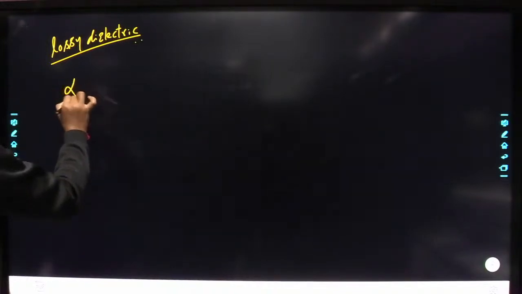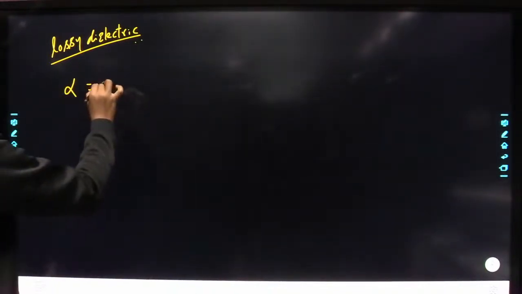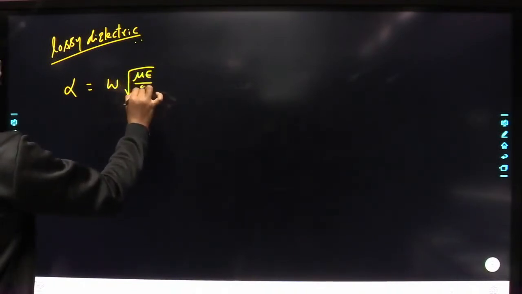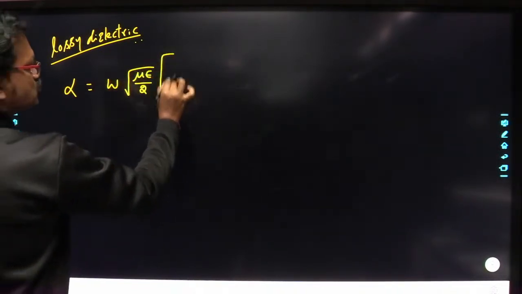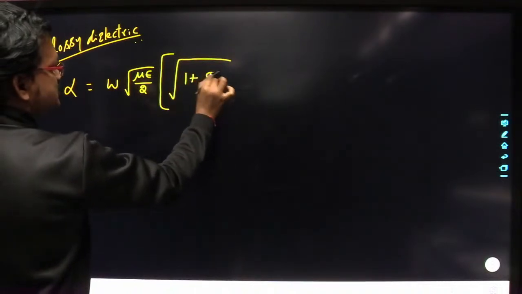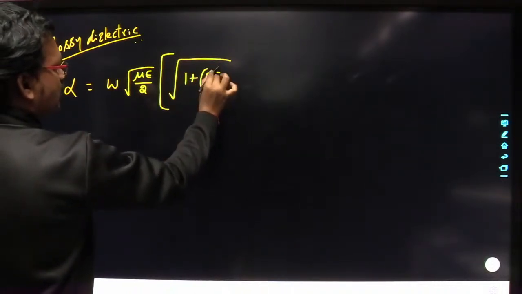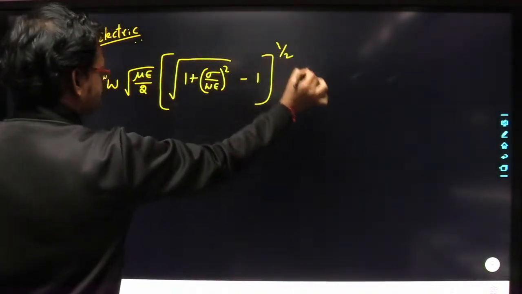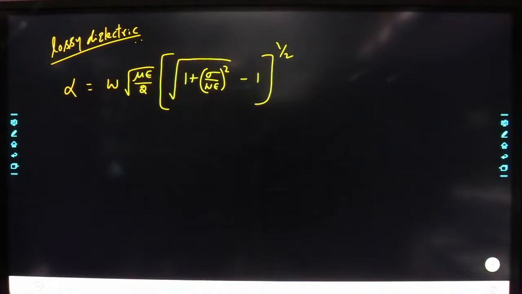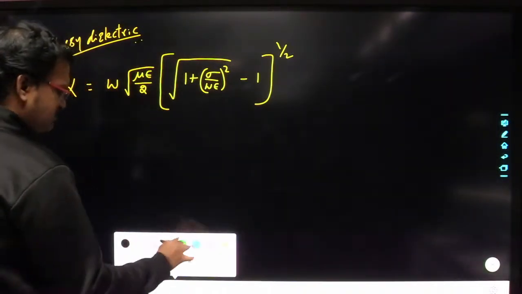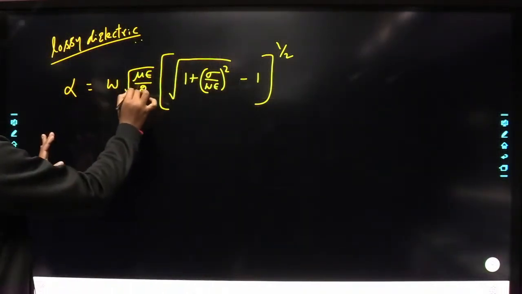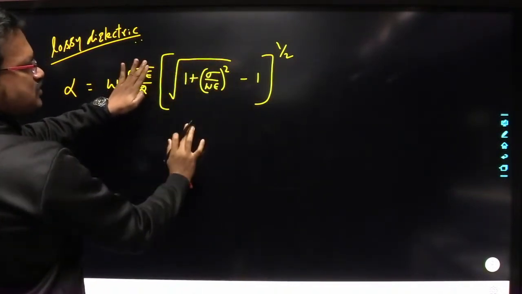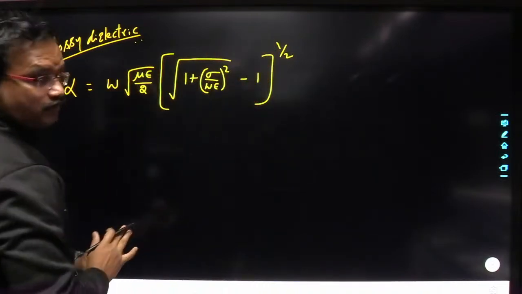We know that for lossy dielectric, alpha is equal to omega into square root of mu epsilon divided by 2, into square root of 1 plus sigma by omega epsilon whole square minus 1, whole to the power of 1 by 2. It is very easy to remember.